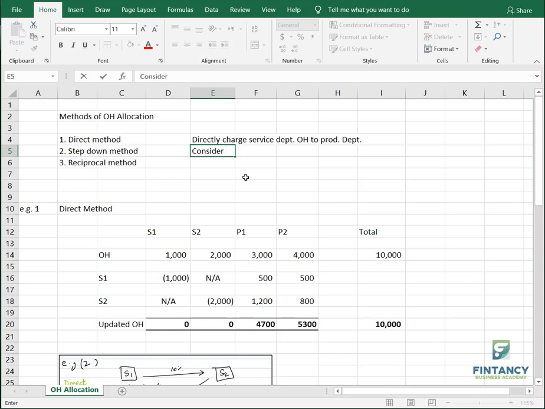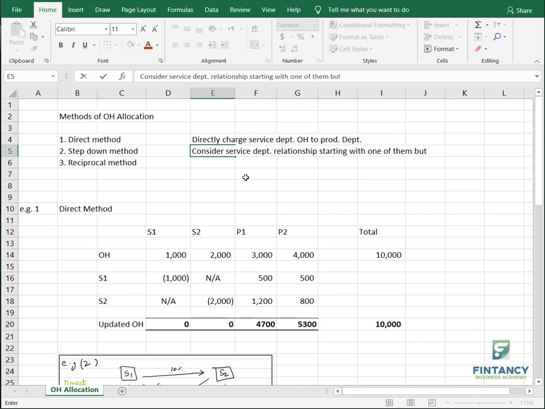So what is step down method? Consider service department relationship. Okay. Starting with one of them.